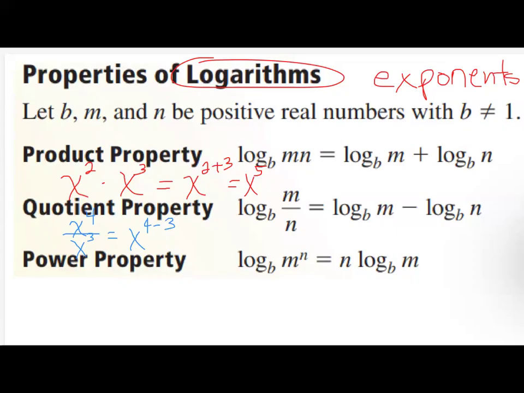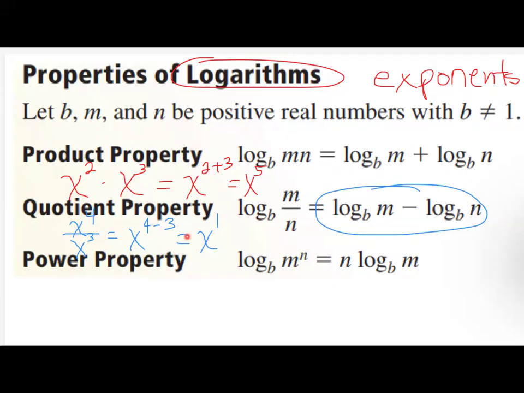You subtract. So quotient property of exponents, remember, we just subtract. Same thing here. Quotient property of logarithms, if you've got a quotient, m divided by n, you're just going to subtract logarithm of m minus logarithm of n. Same as the quotient property of exponents.